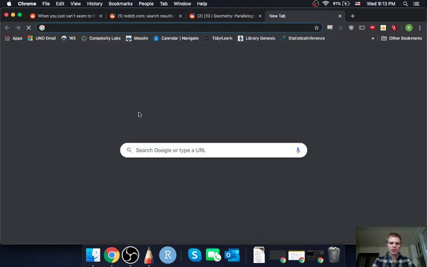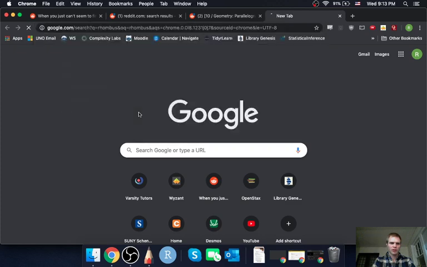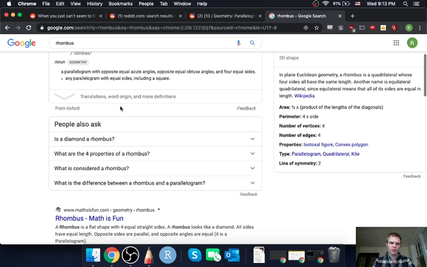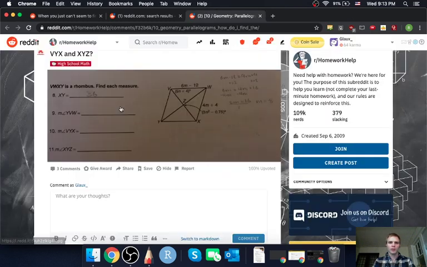So I need to just make sure I'm not assuming something. So a rhombus has equal sides opposite. Or actually, I think it has all 4 equal sides, but the opposite sides are parallel, okay?